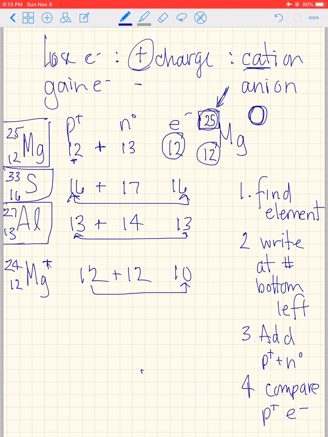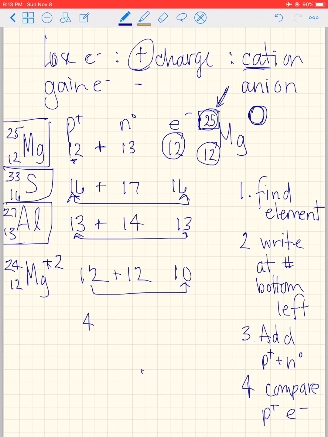Now I have to ask myself, positive by how much? How many more protons than electrons do I have? I have 12 protons and 10 electrons. I have 2 more protons than electrons, so I'm going to get a positive 2 charge. Does that make sense? Let's try another one.